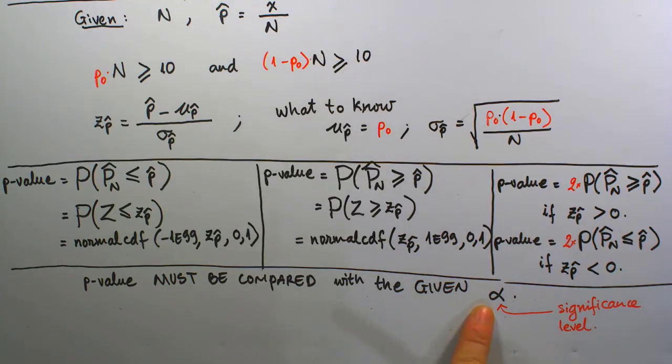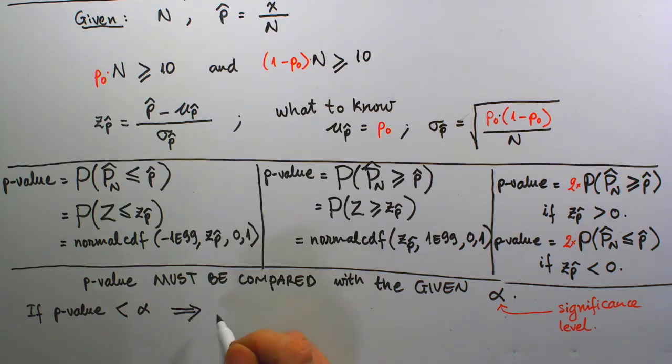So by comparing our p-value with the significance level alpha, we will come to the following conclusion. If our p-value is strictly less than the given alpha, our significance level, then we can come to the following conclusion: our sample shows strong evidence. Or for short, we have strong evidence right from our sample.